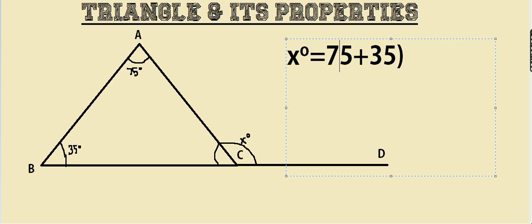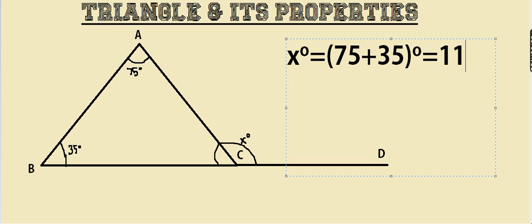So this is equal to 110. So this was very simple. And this is the way you have to calculate any exterior angle. आप उसके बगल वाले एंगल को छोड़कर दोनों ऑपोजिट को ऐड कर दोगे, आपको एक्सटीरियर एंगल मिल जाएगा.